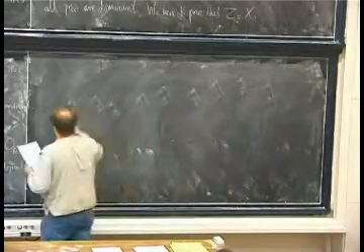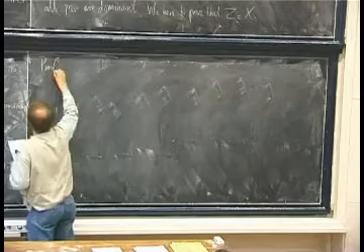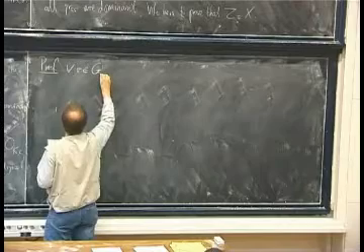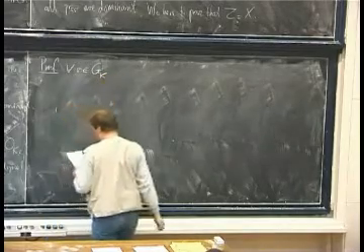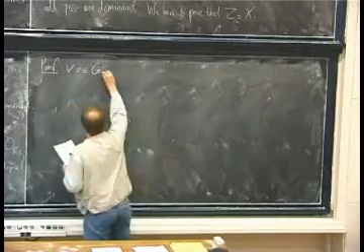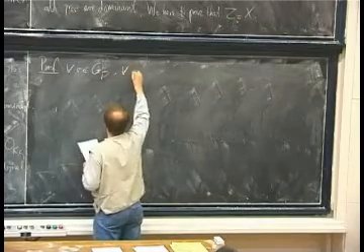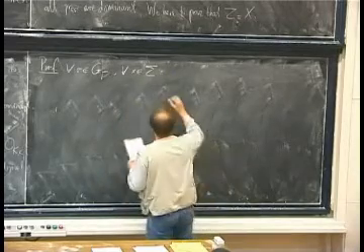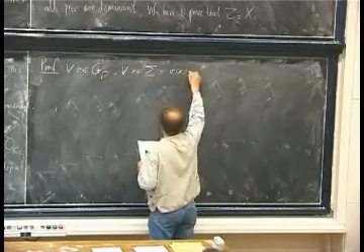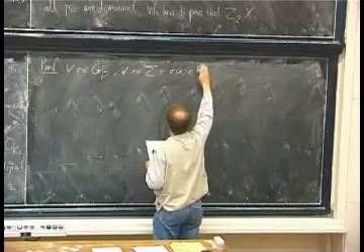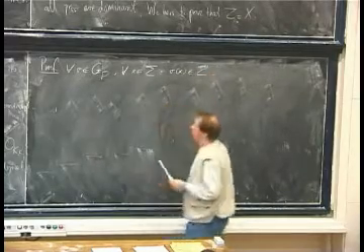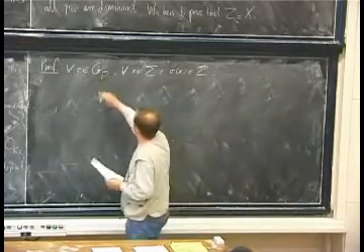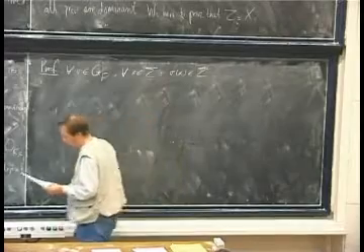So for every sigma in the Galois group of Q bar over F, and for every x in Z, we can say the following thing. Sigma of x is in Z, right? That's because this doesn't move points out of my Z. The Z is defined over F.